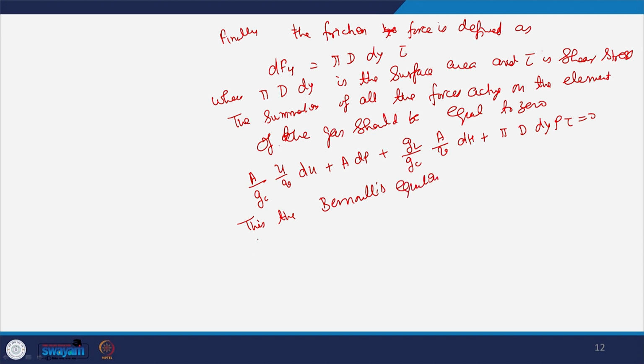Now in most cases the numerical values of GL and GC are equal to 1. Then if we take this value, A over GC u upon V du plus A dP plus A upon V dH plus pi d dy tau is equal to 0.